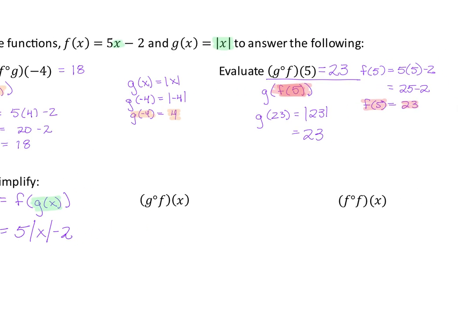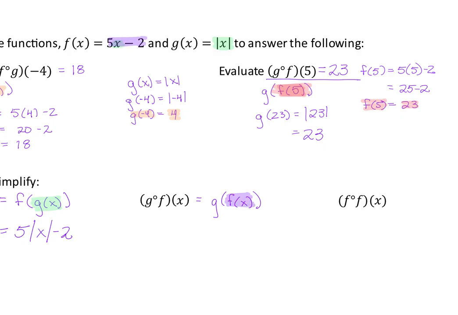All right, we can do the same thing going the other direction. For this one, I want to find g of f of x. For this one, we want to replace x in our g equation with f of x.